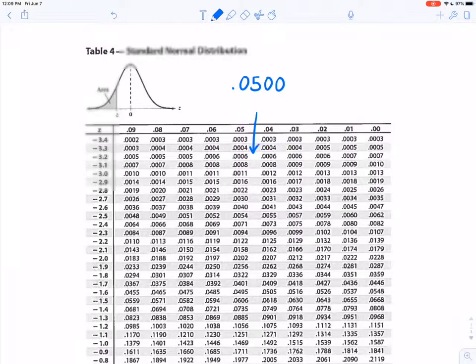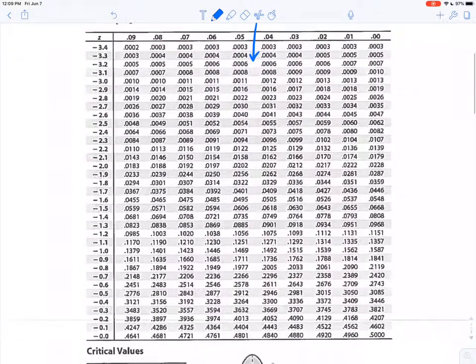of 0.05. Now, I'm going to search through my areas. Typically what I do is I take the area that gets the closest to 0.05. Now, this is kind of a special case. Right, 0.0495 and 0.0505, those are equally spaced from 0.05. So I can't take one as closer than the other.